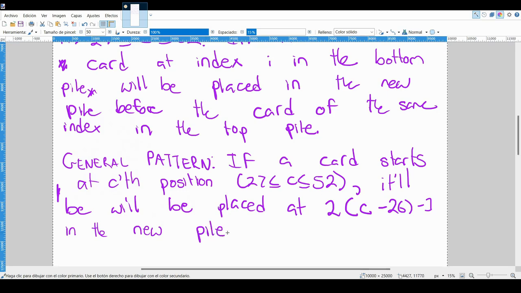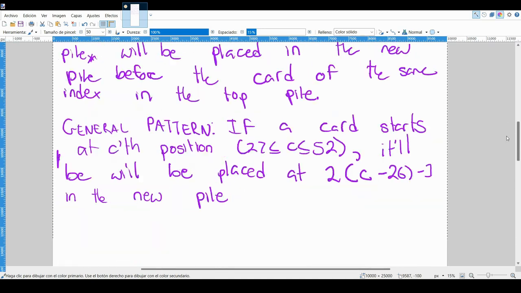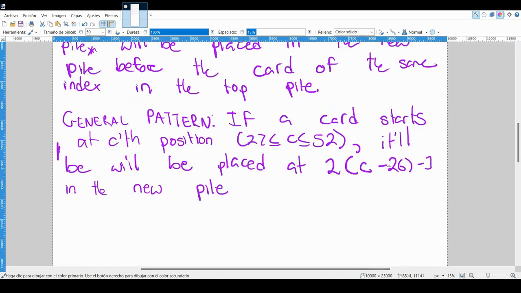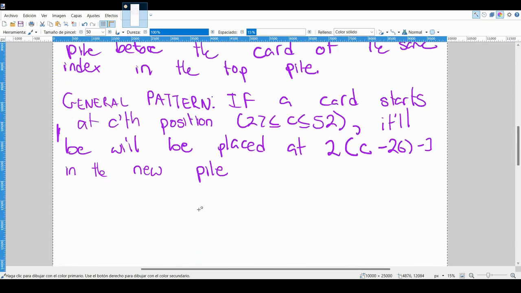And we can verify, like, the card at 27 will be at 2 times 27 minus 26 minus 1 equals 1. And as we established here, that is the case. Similarly, 2 times 28 minus 26 minus 1 equals 3. The 28th card does go 3rd in the new pile. That is our general pattern.